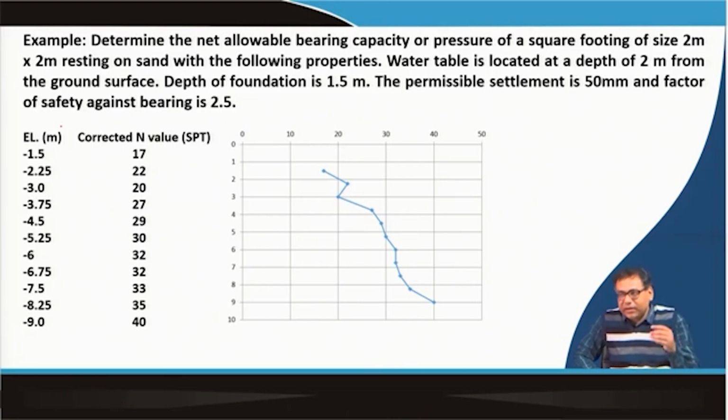Okay. So, in this problem we have to determine the allowable bearing capacity. You have to consider the bearing capacity as well as the settlement, both cases. So, we will get the allowable bearing capacity, and that means we have to use the correlations that I have discussed. Few correlations will give only the bearing capacity, and few correlations will give directly the allowable bearing capacity, where the settlement and the bearing both are considered.